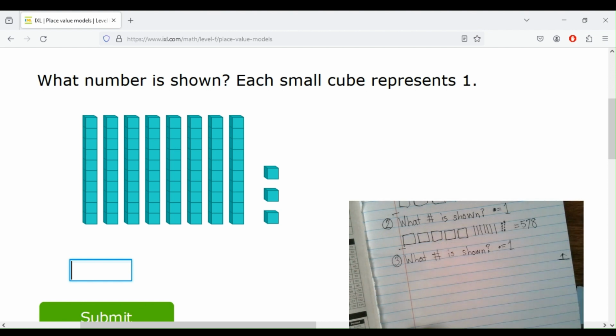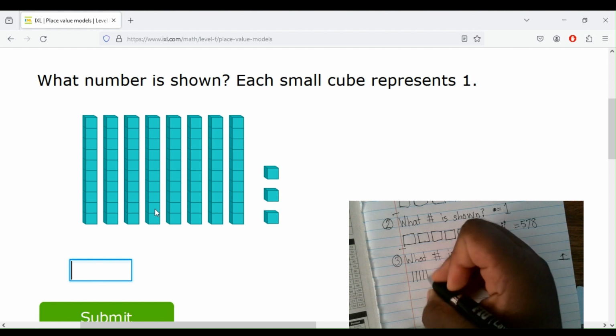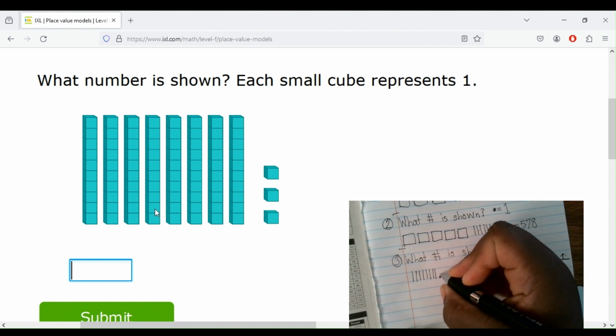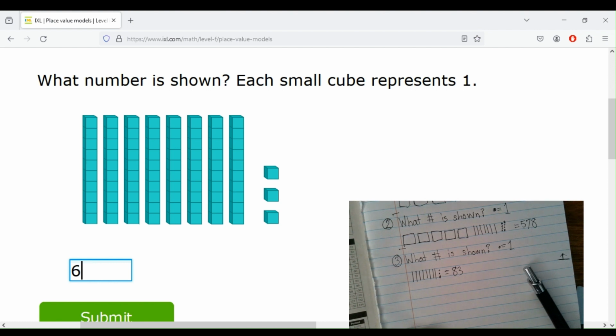I don't have any flats, so I'm just going to count my longs and copy them down. 1, 2, 3, 4, 5, 6, 7, 8. 1, 2, 3, 4, 5, 6, 7, 8. 81, 82, 83. This represents 83.